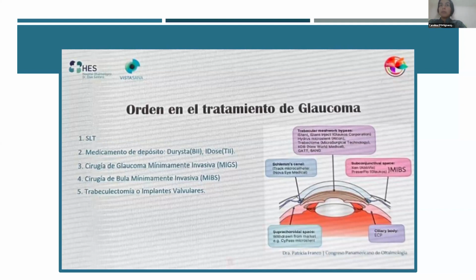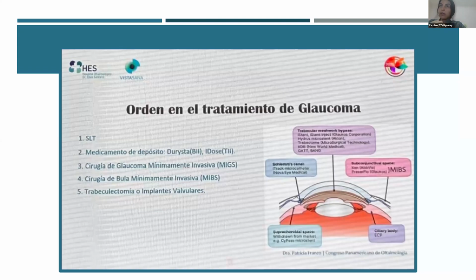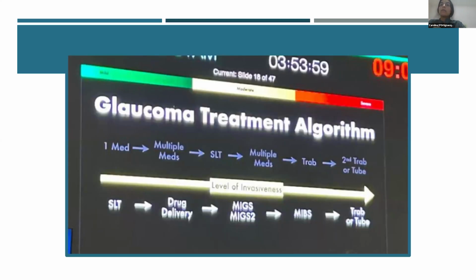Then in third place is the surgery, the MIGS that we all know. Then the MIPS, and then as a fifth option, they talk about the trabeculectomy or the Ahmed valves. And they talk about SLT as the first treatment.